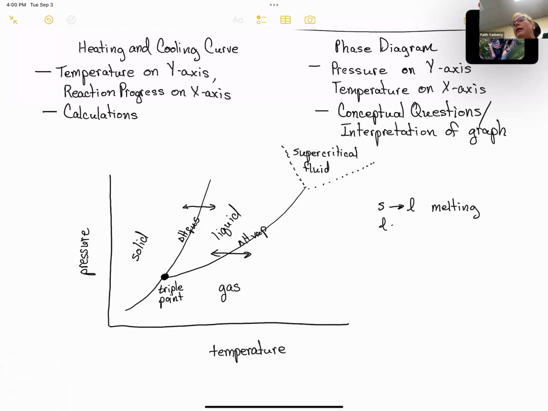And a liquid into a solid is freezing. We know that a liquid into a gas is evaporation. And we know that a gas into a liquid is condensation.